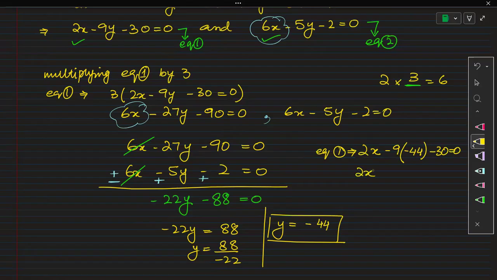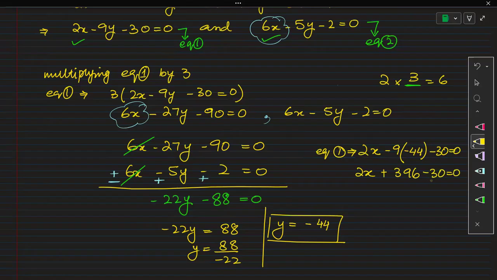So 2x, yes. When you multiply these two numbers, what will you get? 9 times 44 is 396. Minus times minus is going to be positive, minus 30.